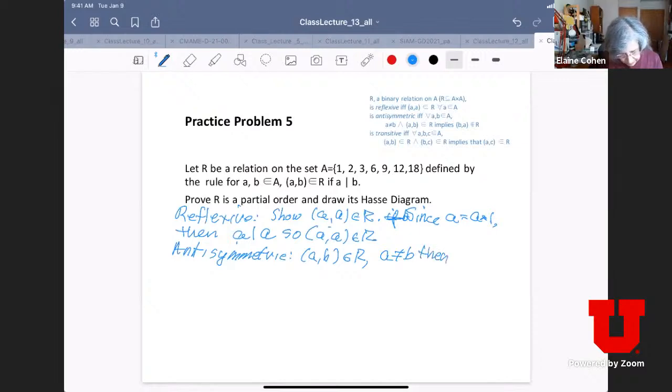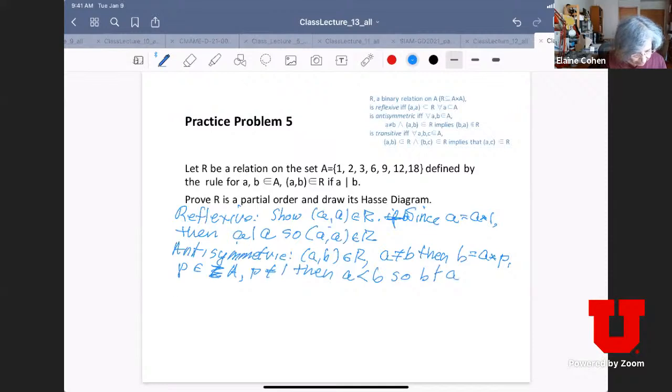Then B is equal to A times P, where P is in Z. Well, P is in Z, and P is not equal to 1, since B does not equal A. Then A is strictly less than B, so B cannot divide A, and (B, A) is not in the relation, so R is anti-symmetric.